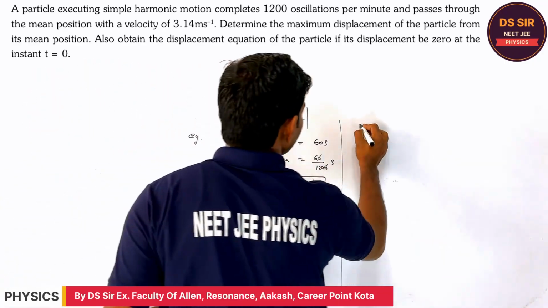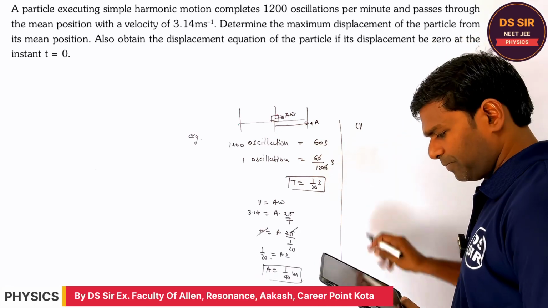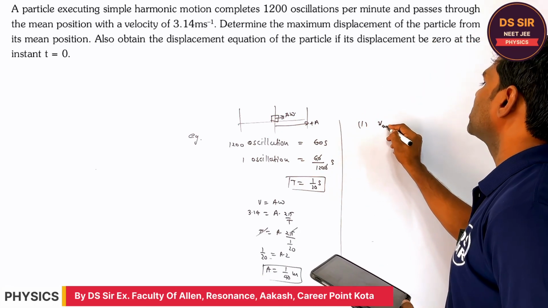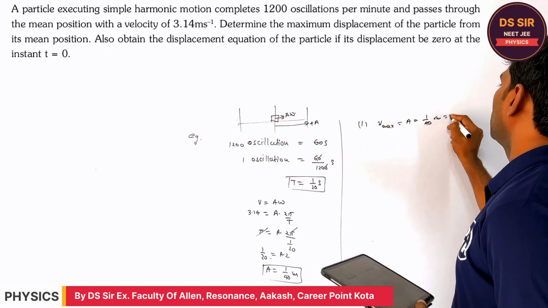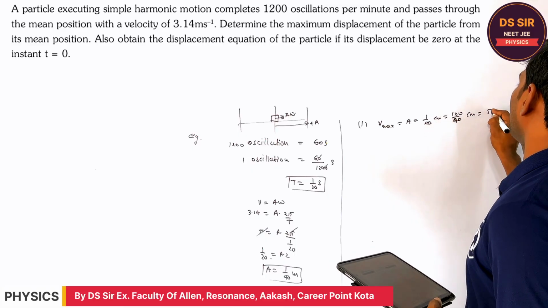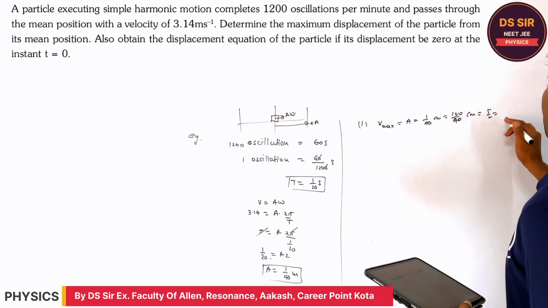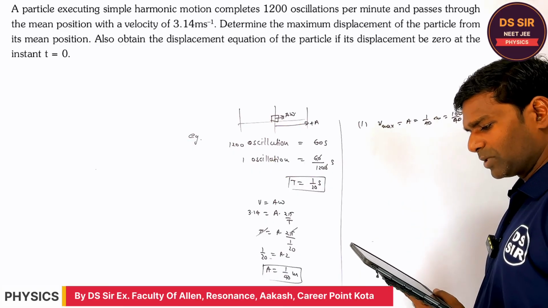Okay, so what is the maximum displacement of the particle from the mean position? So the maximum displacement is nothing but equal to the amplitude, is equal to 1 upon 40 meter, or 100 upon 40, right, centimeter. This is 5 by 2, 2.5 centimeter.